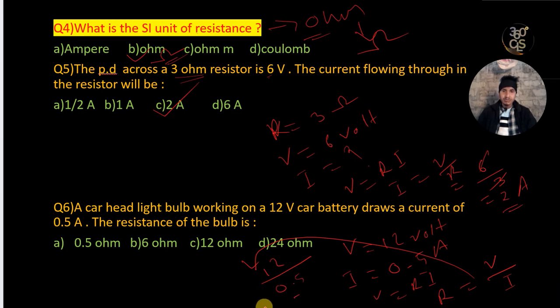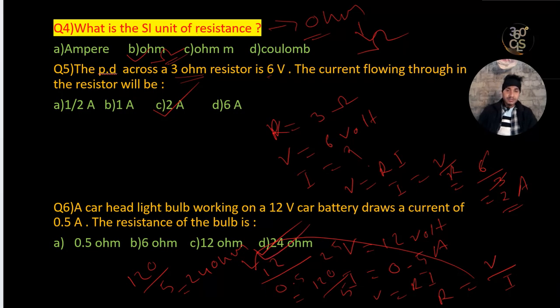So by solving we get 120 by 5, which is 24 ohm. So R is equal to 24 ohm. The correct answer is D. This is very easy.